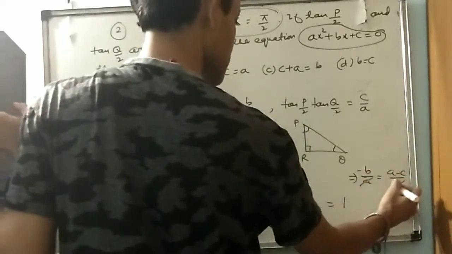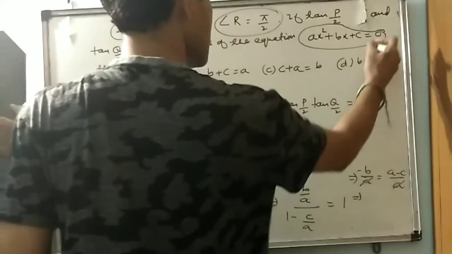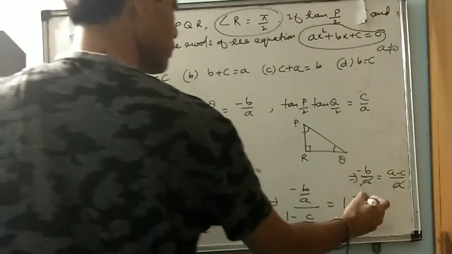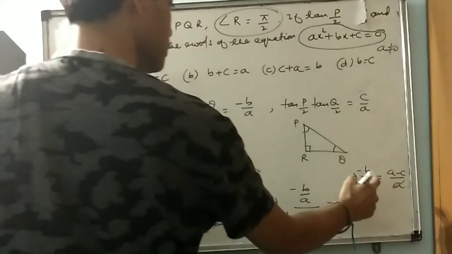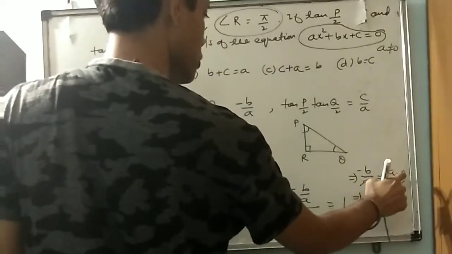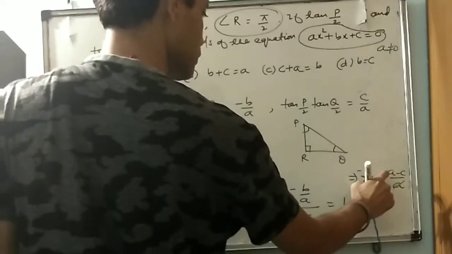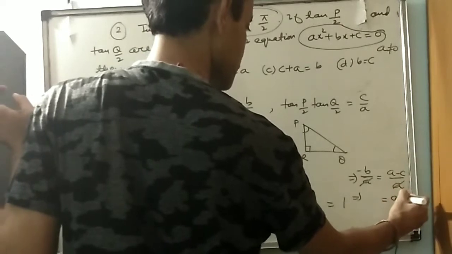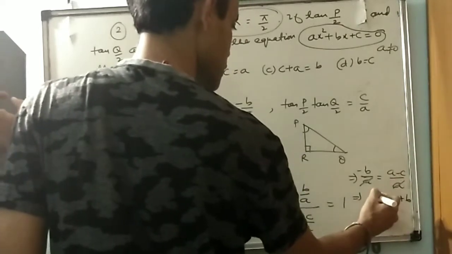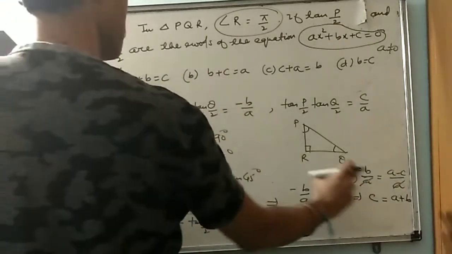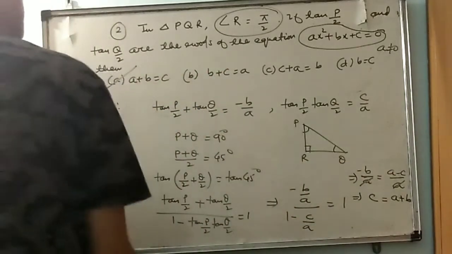A is gone, and it's given in the question that a is not equal to 0, so we can cancel it. And now if we try to look at the positive options, b when moves to right hand side gives a plus b and c to the left hand side, because all the options are in positive, so a plus b is equal to c is the right option.